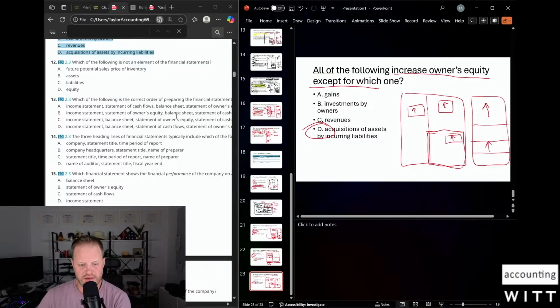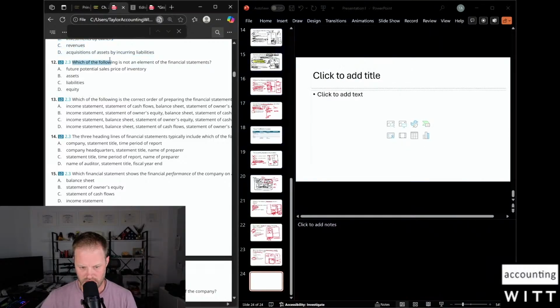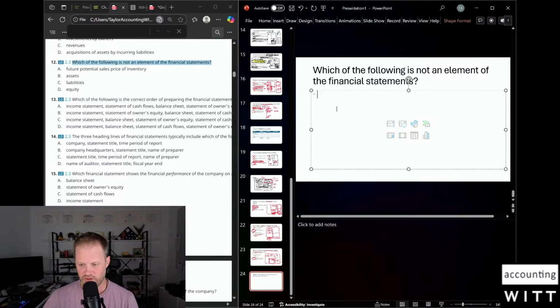Trying to decide. Okay, so let's do 12. Which of the following is not an element of the financial statements? Well, okay.